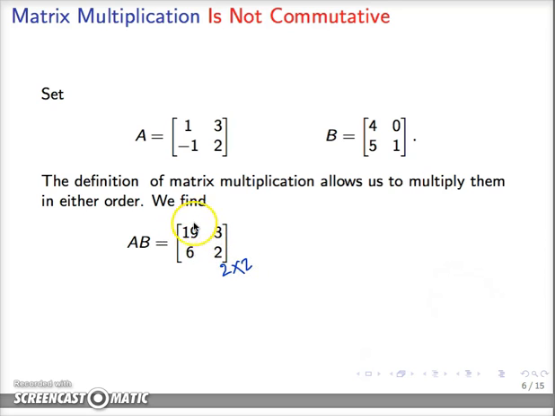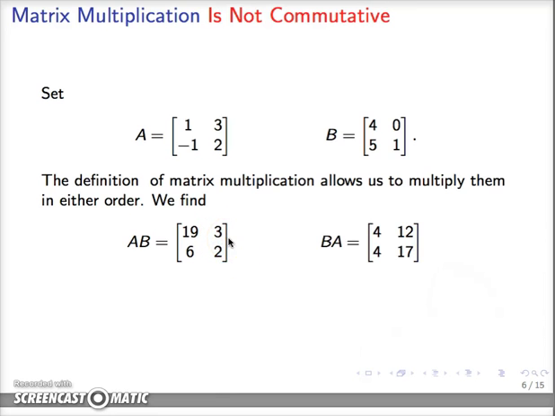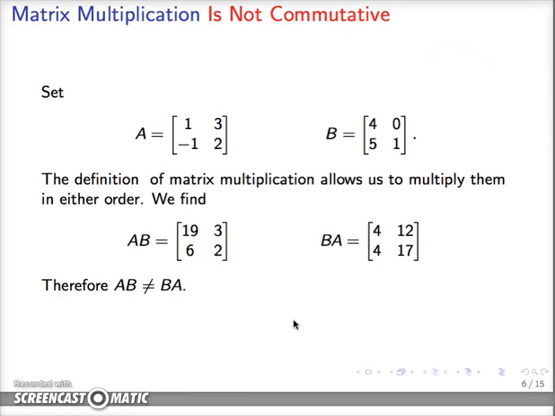But notice that this matrix has columns 19 and 6 in the first column, 3 and 2 in the second column. And if we multiply B times A, we obtain a matrix that is not the same. Column 1 is not the column 1 that we have in that other matrix. So this illustrates that A times B is not equal to B times A.